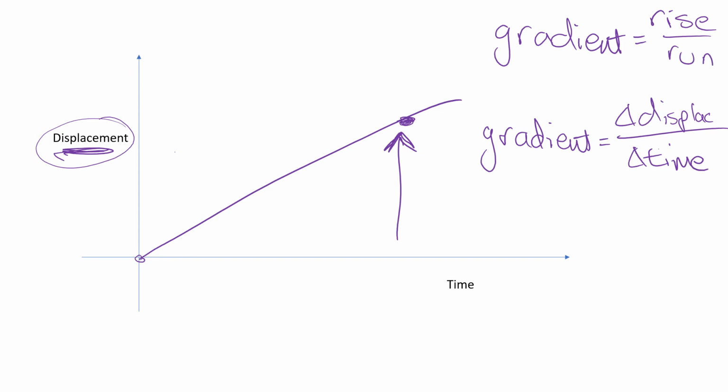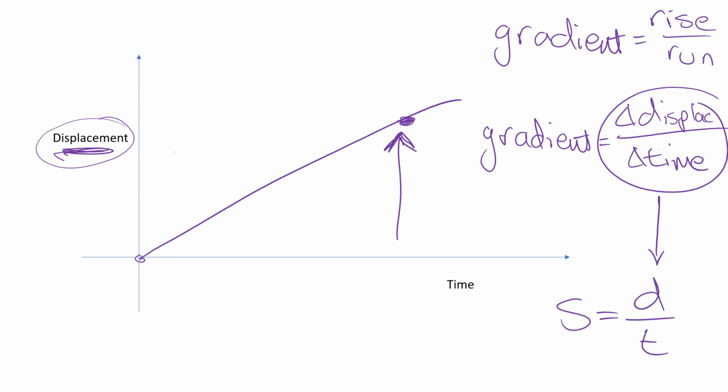And you'll notice that displacement over time looks very similar to speed equals distance over time. So displacement is at the top and time is at the bottom. So in summary, the gradient of a displacement time graph is actually speed or velocity. Velocity again is the vector form of speed.